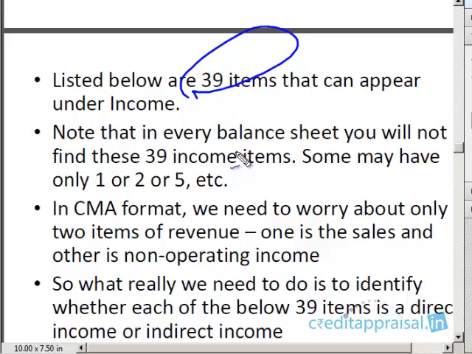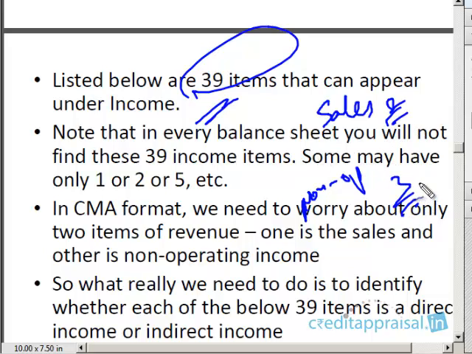These are the most common items that can appear in any balance sheet. You take any P&L account, the items mentioned under sales and under the head of non-operating income you should find in this particular list. I'm not saying you're going to find all of these, but maybe 2 or 3 here and 3 or 4 here you'll find in this comprehensive list.